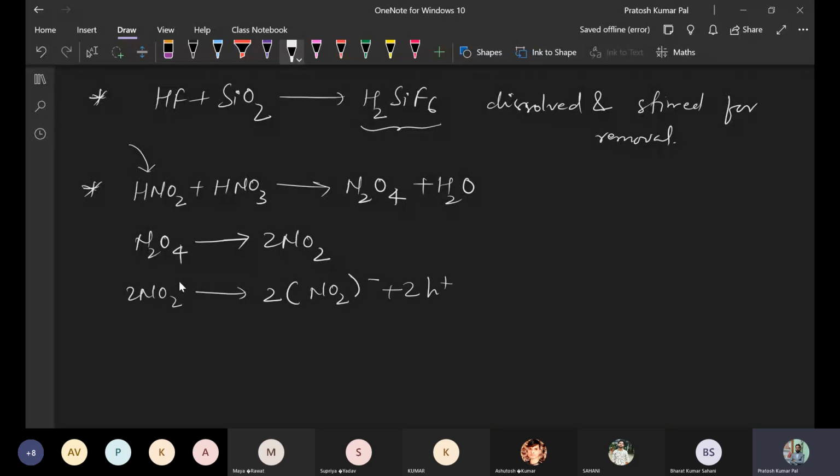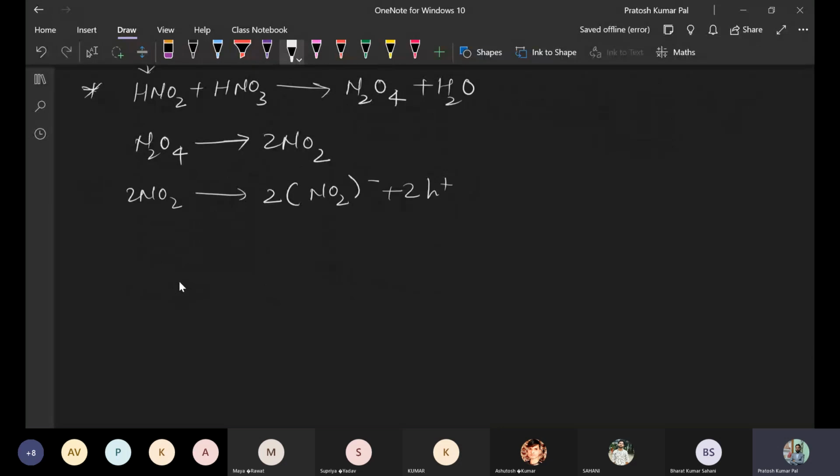Okay. So whenever we have etching by using chemical etching, we need to perform the anodic and cathodic reactions, and holes will be released, and those holes will be reacting to form the further chemicals. So here, this is your anodic reaction, and this 2H2O will break to form 2H plus and 2OH minus.